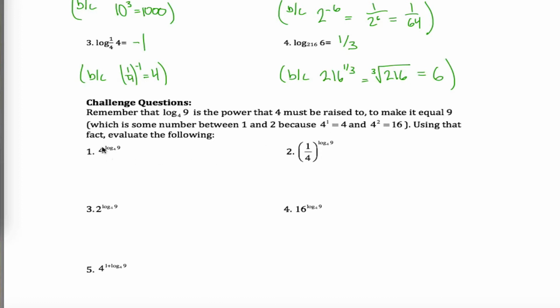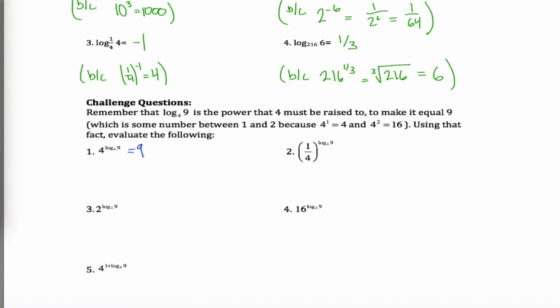So if I take this 4 right here, and I raise it to this special exponent, which is the power that a 4 must be raised to make it equal to 9, this is just going to equal 9. I'm raising 4 to the power that 4 needs to be raised to change it into a 9. Kind of sounds weird, but if you say that enough times, maybe you can talk yourself into this being equal to 9.